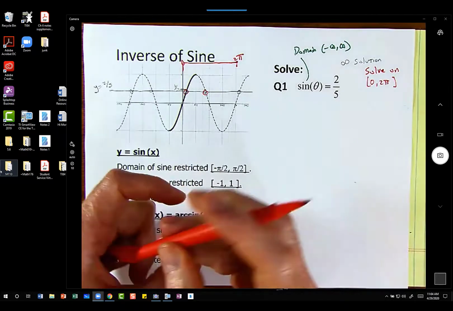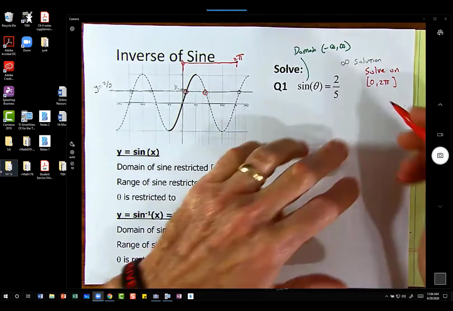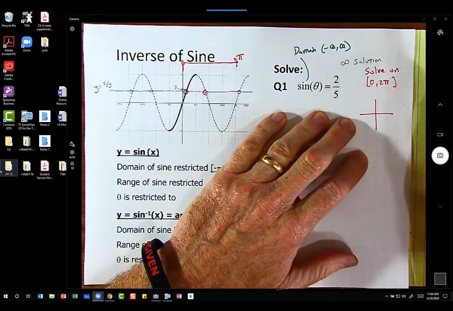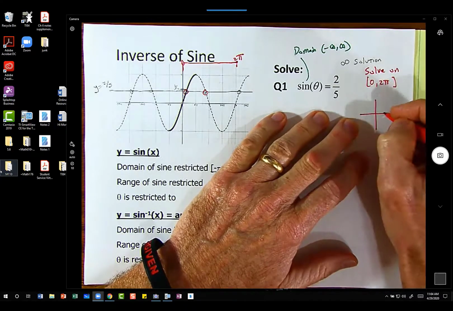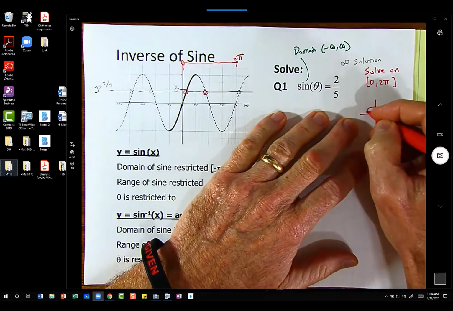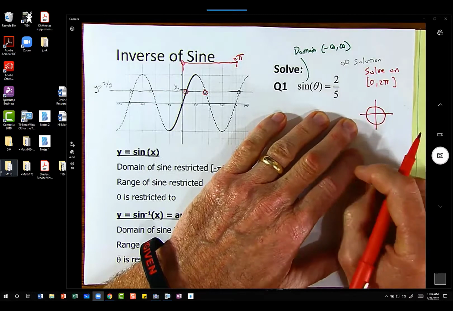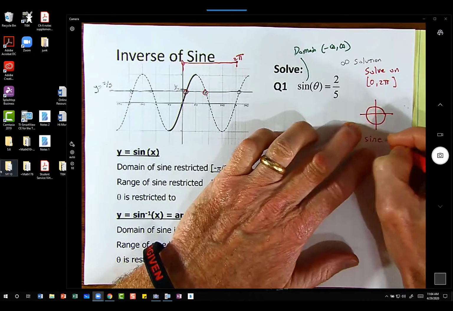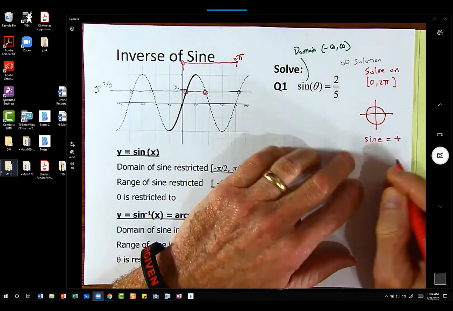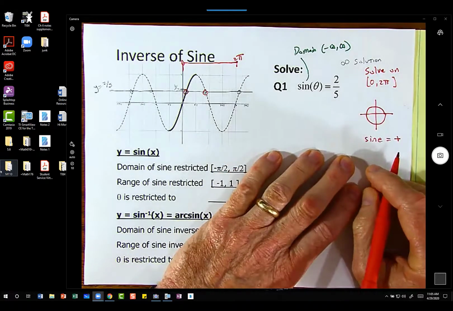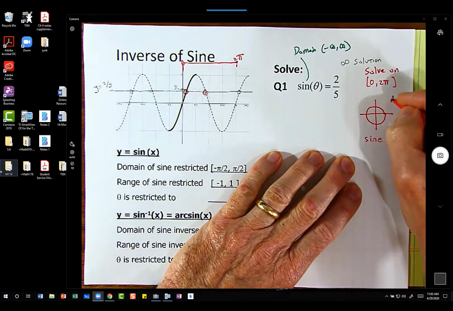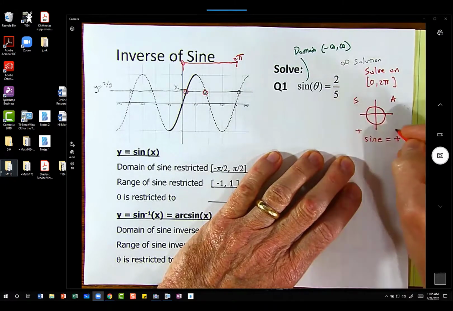Another way to think about this is the circle. If I go around the circle, how many times is sine positive? Well, sine is positive in a smart trig class.